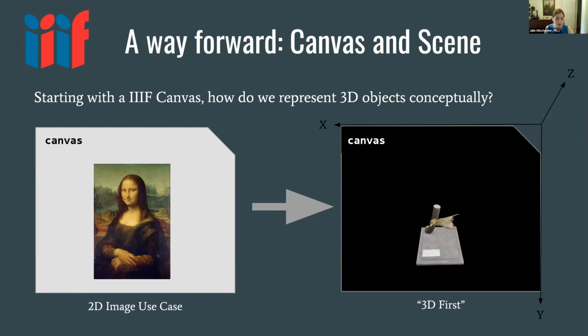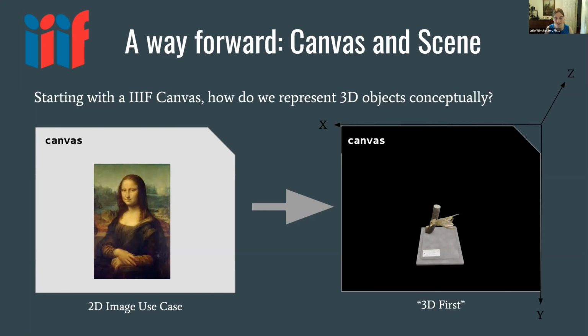The alternate approach would be, what if instead of placing a 3D thing on the 2D canvas, the canvas itself became 3D? What if you extruded a Z-axis from the canvas? In this circumstance, unlike the 2D canvas with its finite dimensions, like a frame, 3D spaces tend to be unbounded.